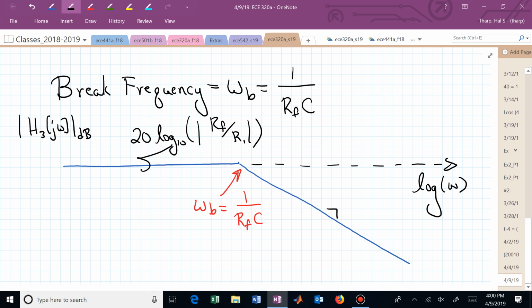How many dB did we drop per decade? 20 dB per decade, didn't we? So each decade we're going down 20 dB. So this slope is minus 20 dB per decade. And a decade is a factor of 10.